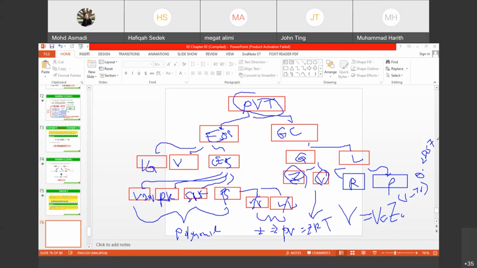Since just now Megat said for the saturated liquid, the liquid phase, we have to use Rackett. But there's another condition, which is you have to calculate at the saturated vapor, the vapor phase. So what equation do you use from the generalized correlation equations?